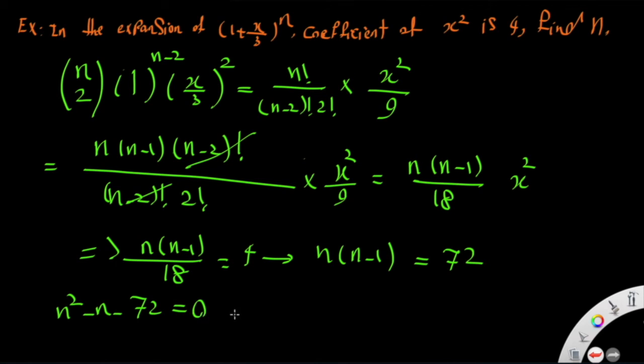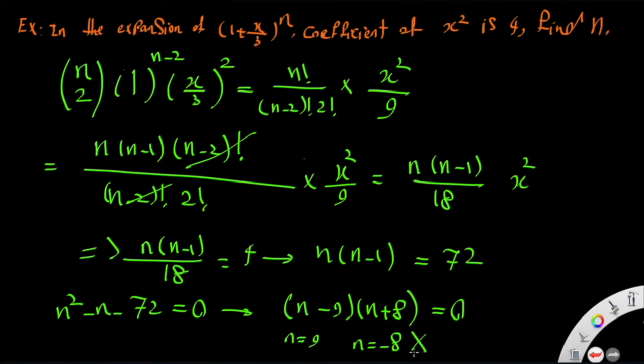If you factorize it, it will be (n − 9)(n + 8) = 0. I forgot to add in the question that n is a positive integer. So n is 9 or −8. It is not acceptable because it's negative, so this is the acceptable answer. So n will be 9.